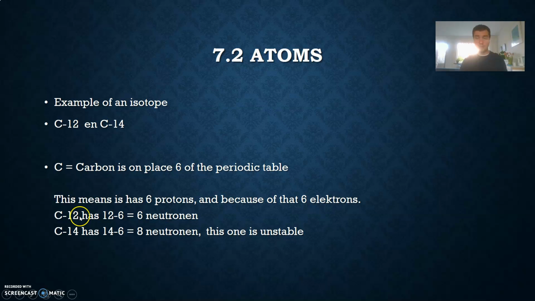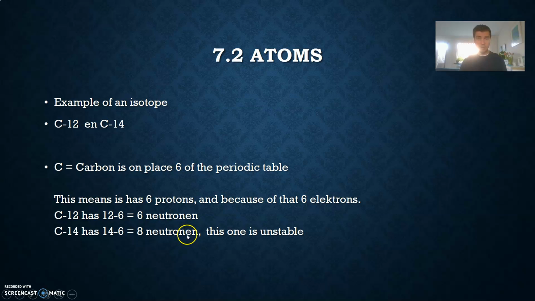Now, C12 has a mass of 12, so 12 minus 6 means it has 6 neutrons. Carbon 14 has 14 minus 6 equals 8 neutrons, and this one is unstable. So this is the difference between carbon 12 and carbon 14. It has the same amount of protons, the same amount of electrons, but a different amount of neutrons.